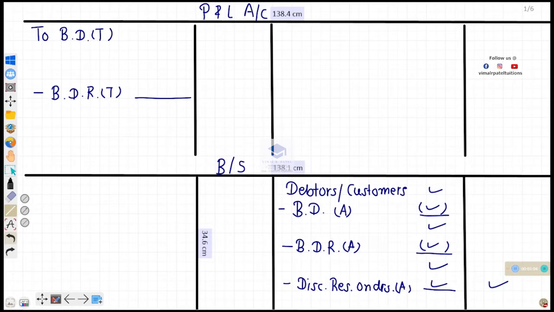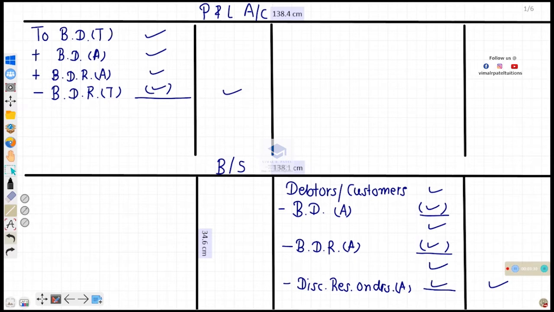Now, since we have subtracted all these items on the asset side, its reverse effect will be on the debit side of P&L. Bad debts of trial balance plus bad debts of adjustment plus bad debt reserve of adjustment minus bad debt reserve given in trial balance.